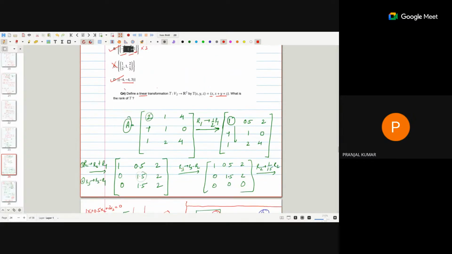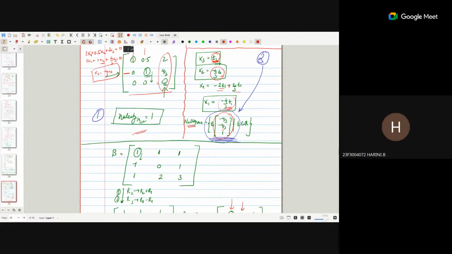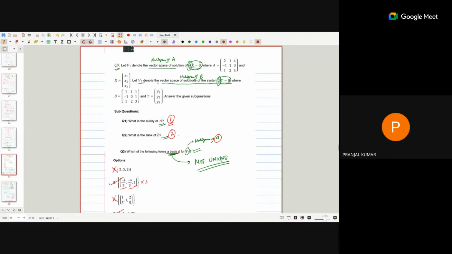Now the fourth question. Any doubt still here? Sir, in the last subdivision, V1 means the A matrix, right? No, V1 means the null space.